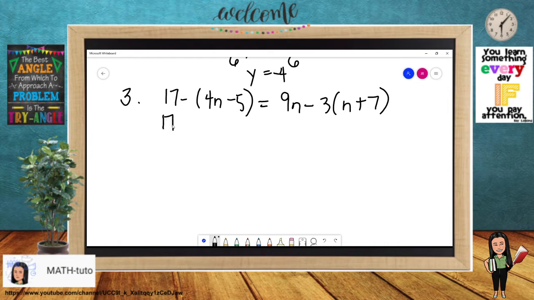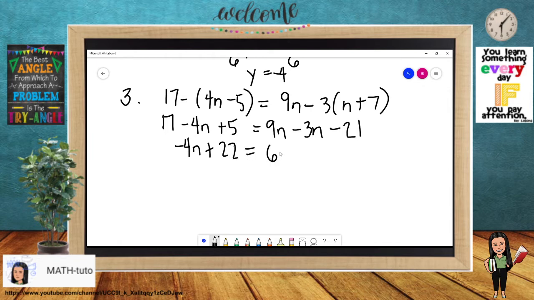This is 17 minus 4n minus 5 is equal to 9n minus 3n minus 21. We simplify each side of the equation first. We combine like terms. Negative 4n plus 22 is equal to 6n minus 21.